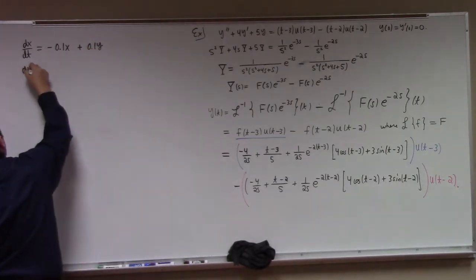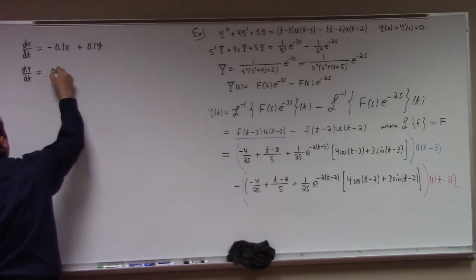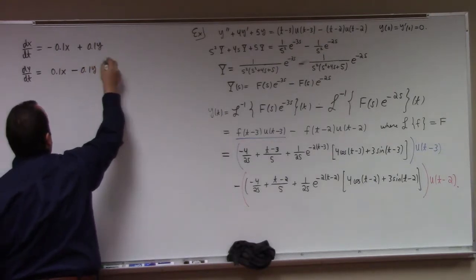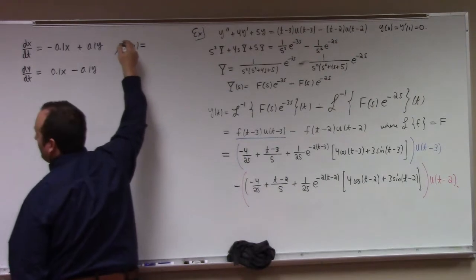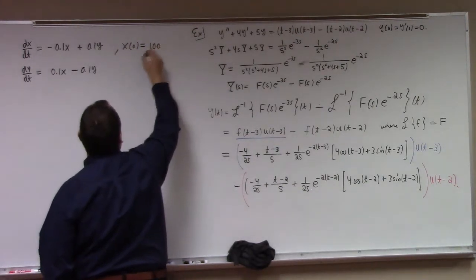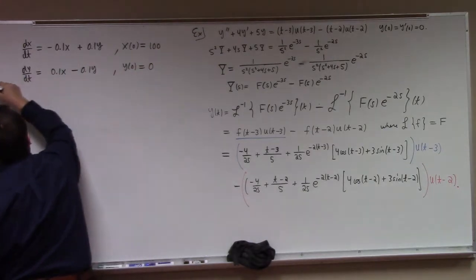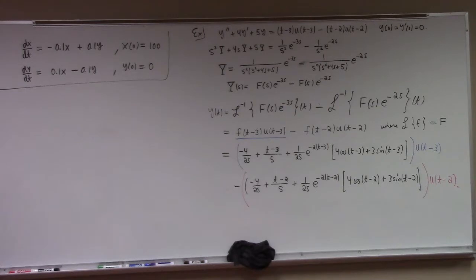And we've got dy/dt equals to 0.1x minus 0.1y. And this is with x of 0 equals to what? 100. And y of 0 equals to 0. So after the setup, what do we face? We face a system of differential equations with initial conditions given.